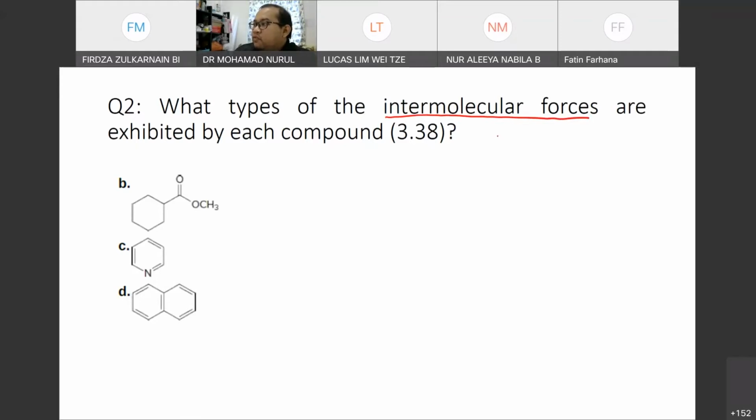We have three types. First one is London force. Second one is dipole interaction. Last one is hydrogen bonding.